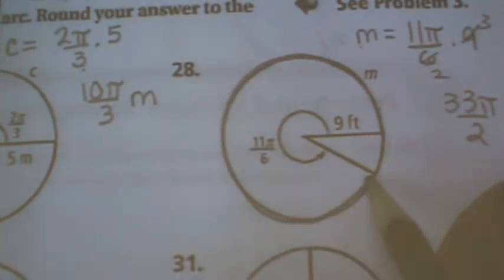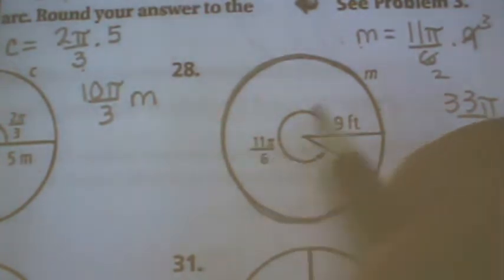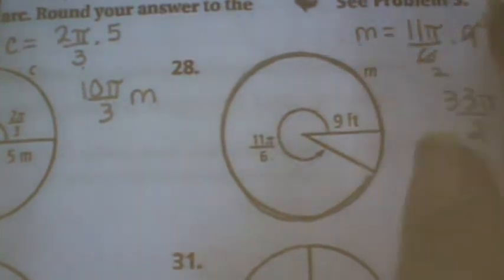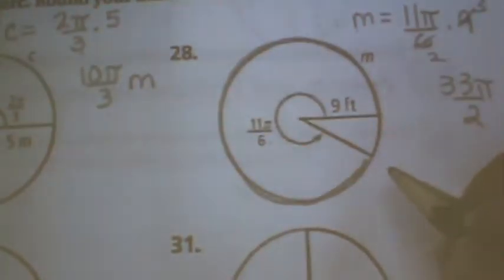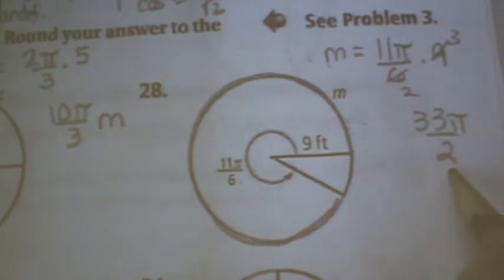They tell me that this angle is 11 pi over 6. Multiply that by the radius, and you get, simplified, 6 and 9, 3 goes into both of those, so 2/3, so you get 33 over 2.